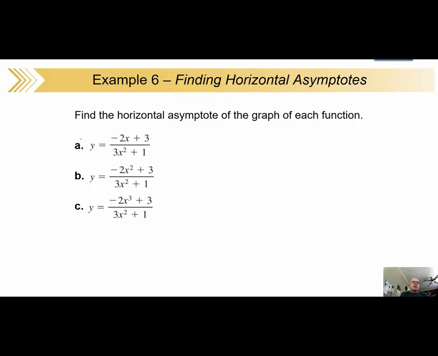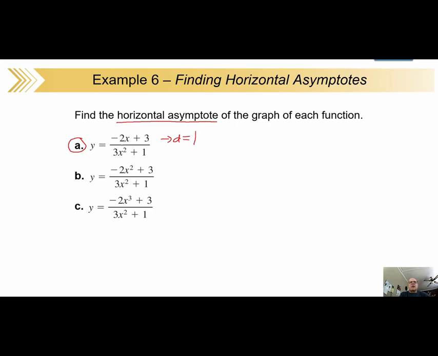So, first one. Remember, we're talking about horizontal asymptotes. So we've got 3 rules. All we need to do is look at what's the degree of the polynomial. The degree of the one on the top is just 1 because we've got x to the first, and that's the leading term.